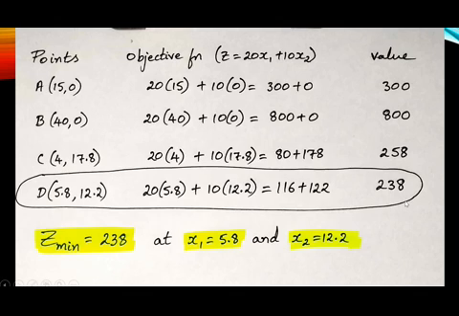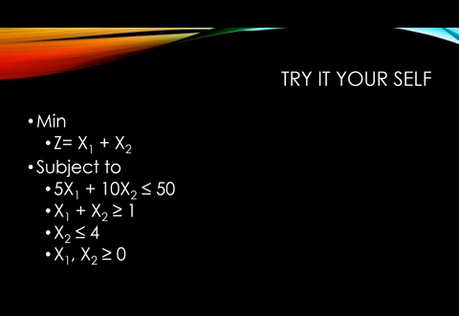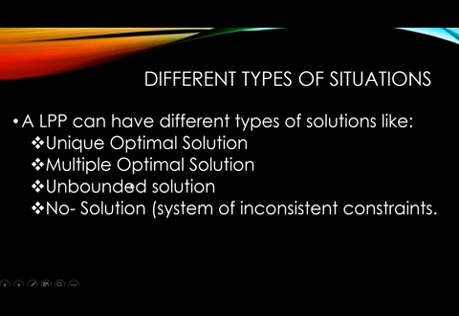Both are optimal solutions, both are correct, but it is not unique. A single point is not giving us the solution. Multiple points might lead to the optimal solution. Under such situations, we call that scenario a multiple optimal solution.